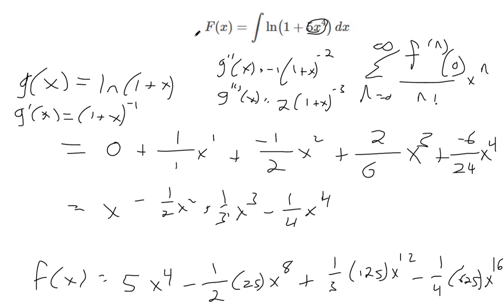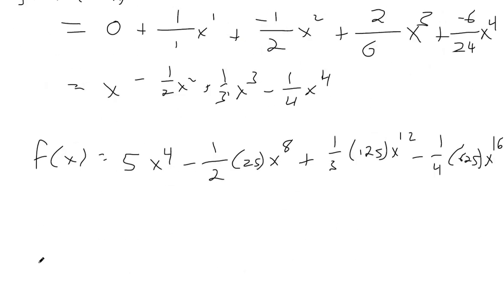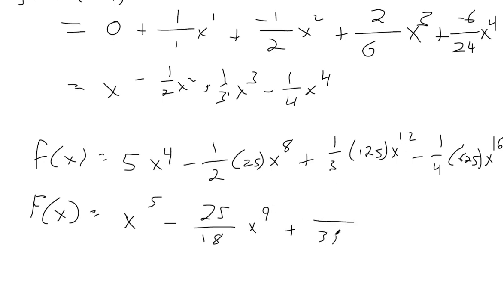Now we just need to find capital F of x by integrating each term. For the antiderivative here, a 1/5 comes out, which makes x to the 5th. You can check that. Then here a 9 comes out, so that's 25 over 18 x to the 9th, and then a 13 comes out, so that's 39 in the denominator: 125 x to the 13th over 39.